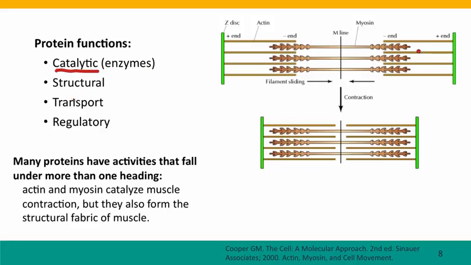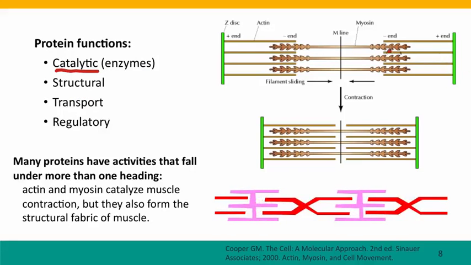For instance, here are the actin and myosin subunits of our muscles, and these proteins are able to slide across each other, shortening and lengthening the muscle. That's how muscle contracts. This is, in a sense, both catalytic, because there's enzyme catalysis bringing about this movement, and structural, because these proteins are actually the physical structure of our muscles.